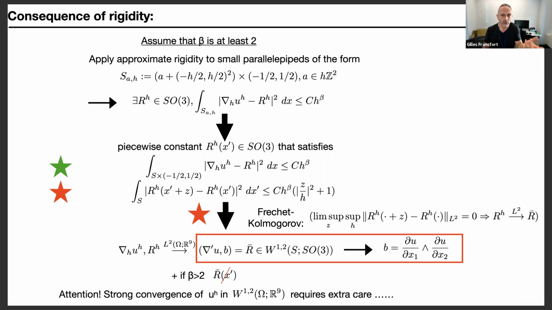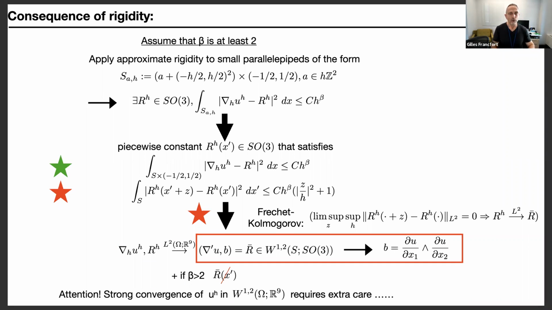You knew that R_h converged weakly, in particular in L2, because R_h is a rotation, so that wasn't hard. But this tells you more: it converges strongly in L2. And because it converges strongly in L2, it converges to a rotation, which I'll call R bar.